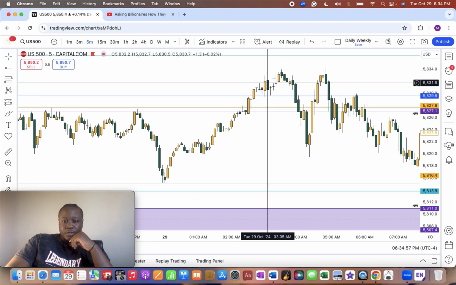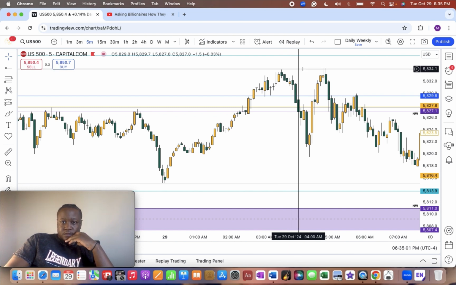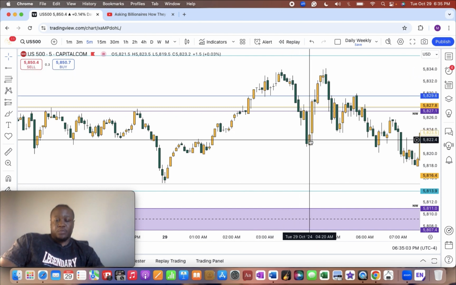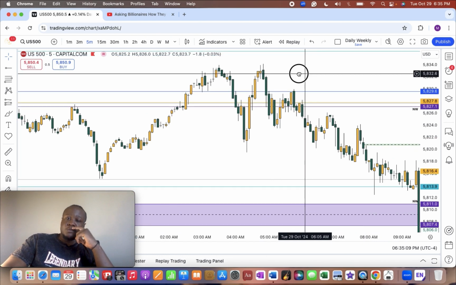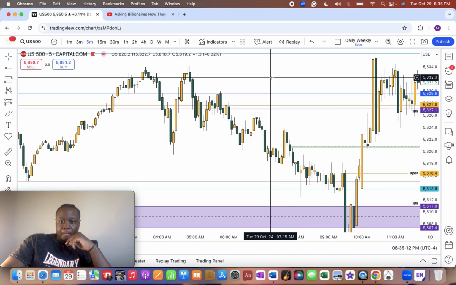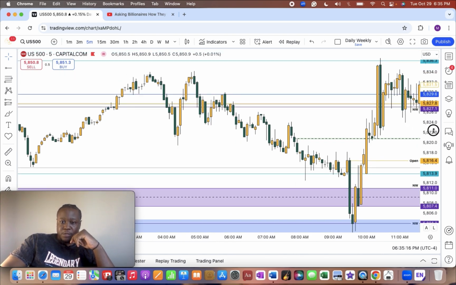As you can see, overnight we made a London high right here, and then the market pulled back, ran that high a bit, just by a tick, and then continued to move lower for the morning session.